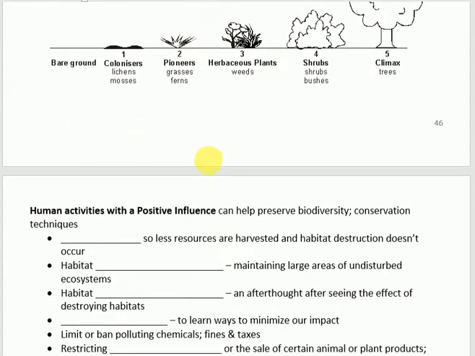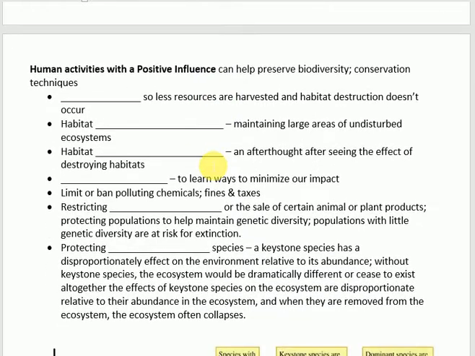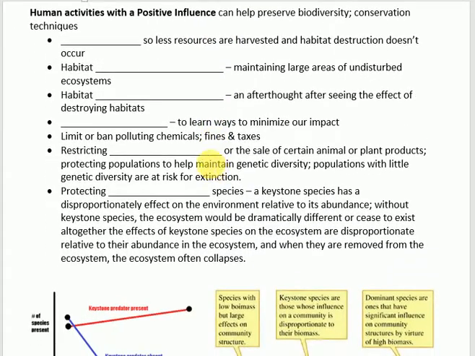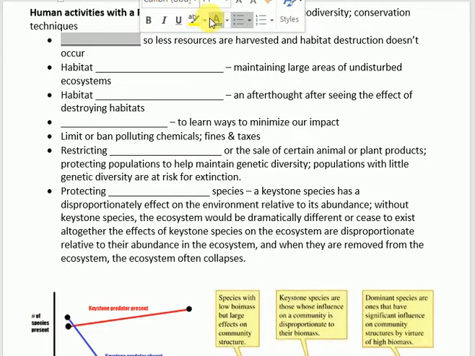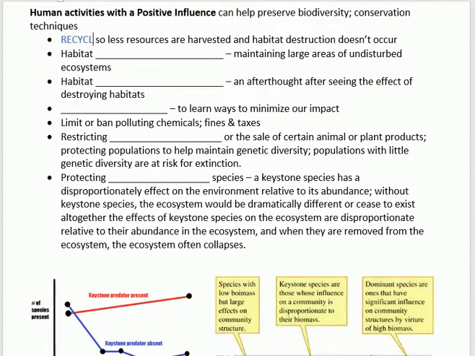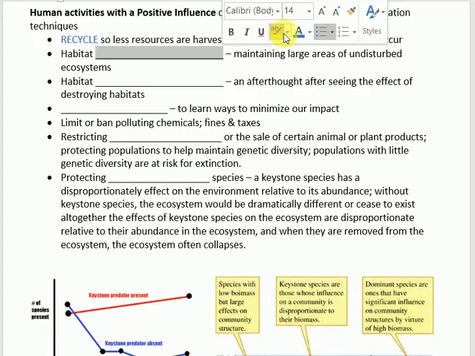So we've talked about all of these negative things, and we've talked about what we've done as humans. So let's talk about what we've done in a positive way. So we have lots of things that we can do in order to fix the environment. So for instance, recycle. This is so less resources are harvested and destruction of habitat doesn't occur.